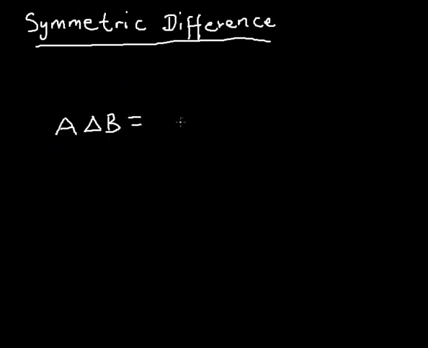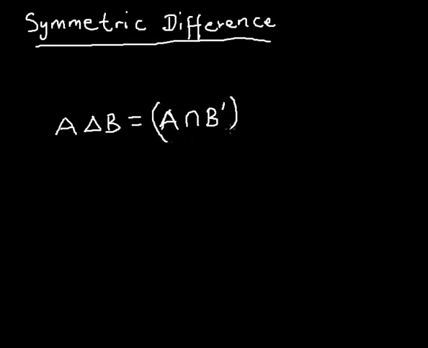So invariably, I'm looking at the union of the sets of the elements. The symmetric difference is going to be the union of A intersection B complement, and B intersection A complement. What does it mean?